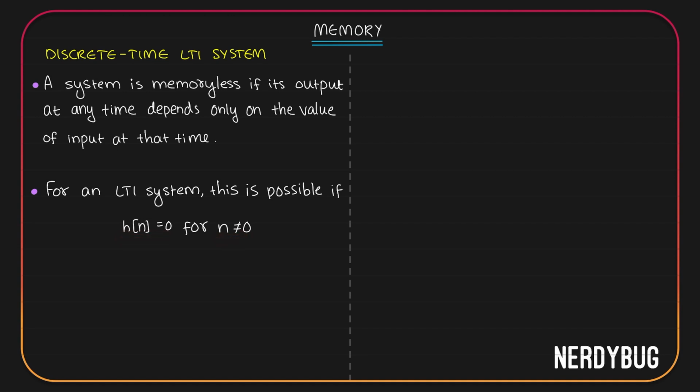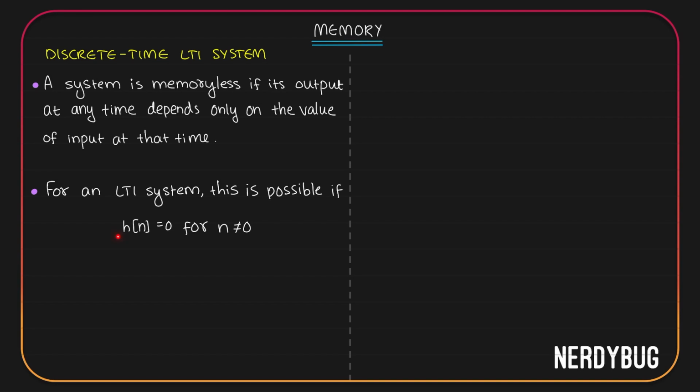What does that mean? See, h of n is the output of an LTI system when the input is an impulse sequence which only has value at n equal to 0. So the output h of n should only have value at n equal to 0 so that we can call it memoryless. For all other values of n, the output should be 0.